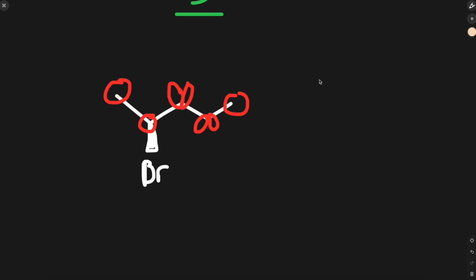Now we have to describe the multiplicity of these, right? How many times is it splitting apart in that signal? We remember we have to use the n+1 rule. So that's the number of neighboring hydrogens plus 1.